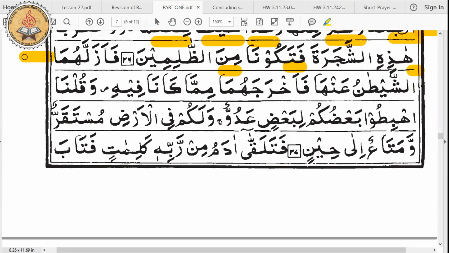Bismillahir rahmanir rahim. فأزلهما الشيطان عنها فأخرجهما.